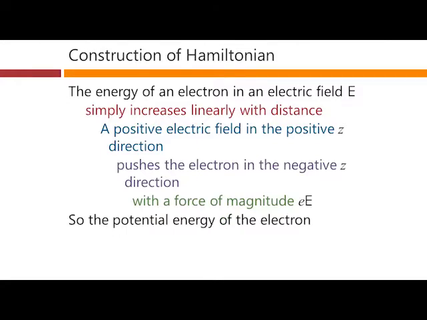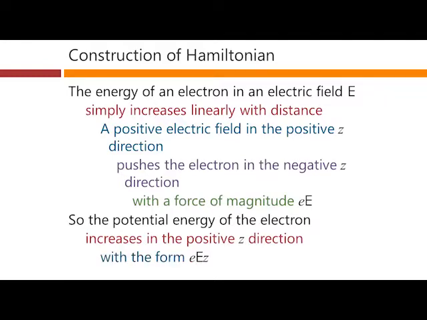So the potential energy of an electron in a field pointing in the positive z direction is one that increases in the positive z direction because the force is trying to push it in the other direction. And the form of this potential energy as a function of position z is the electronic charge times the field, that's the force, times the distance, that's z.